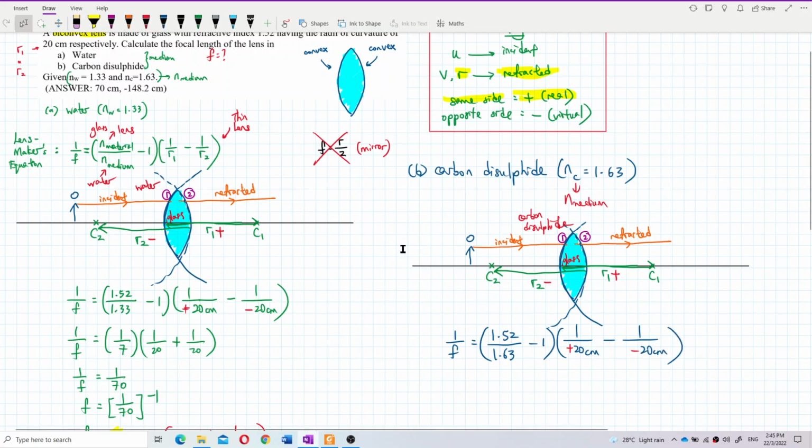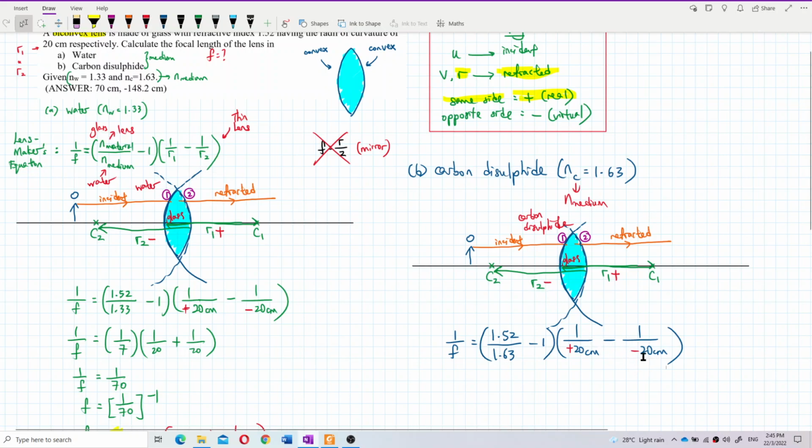Be careful. Don't think that because the formula has a negative, you neglect putting a negative. R2 still has its own negative. This negative is from the formula, originally minus 1 over R2, and this negative is the R2 itself. So these two negatives have different meanings.